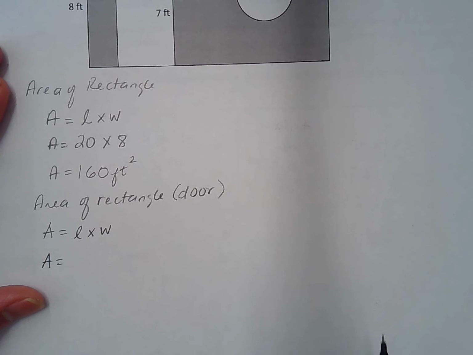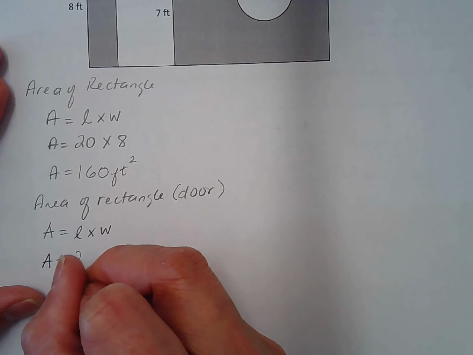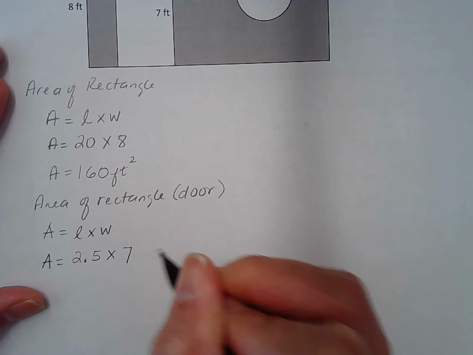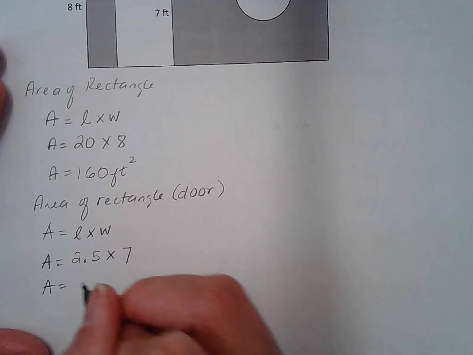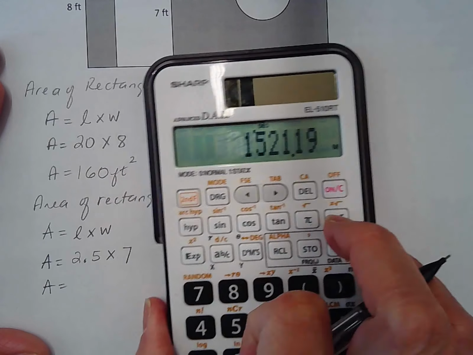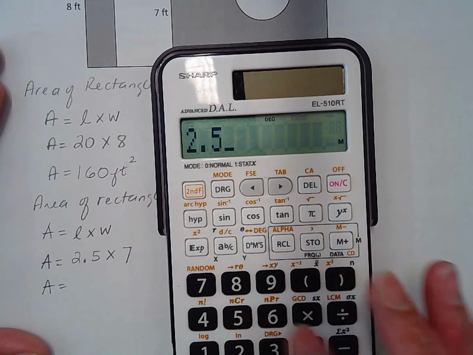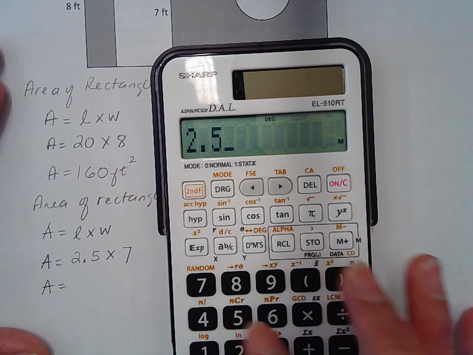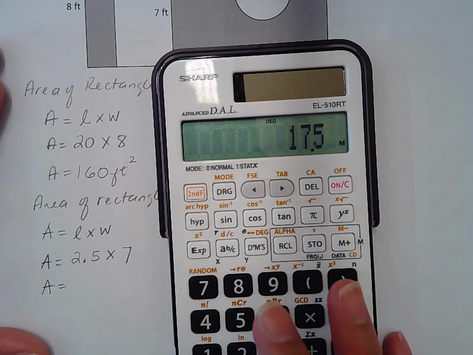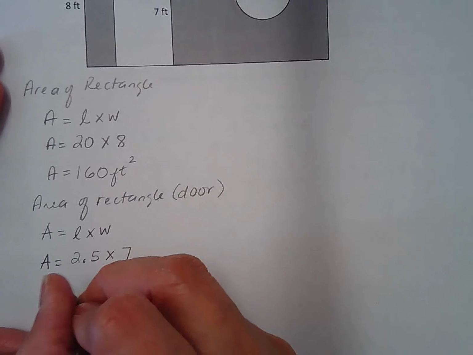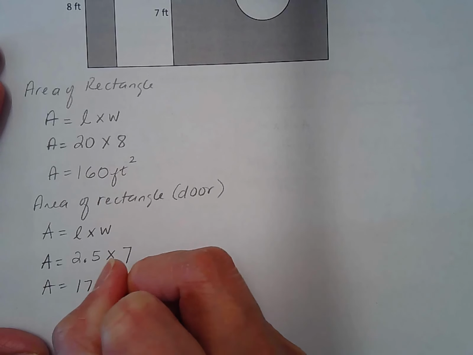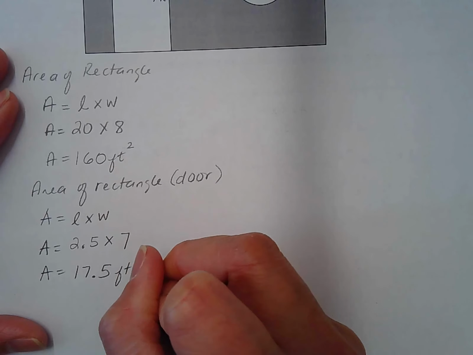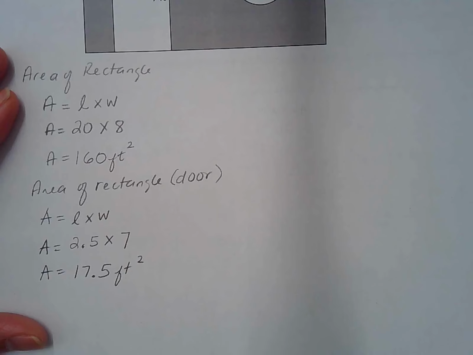What's the length? 2.5 times 7. Oh, shoot, 2.5, that's not right. So 17.5. And what unit do I put in there? Feet square or square feet. Yes, okay, good.